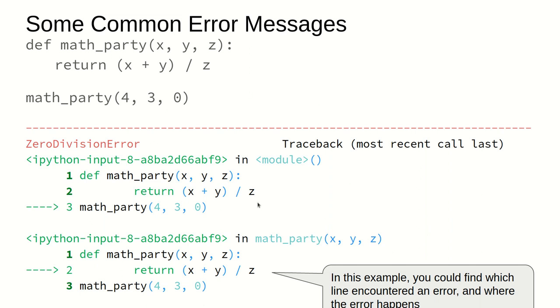Python may not always be able to tell me where to look further back and further back and further back. But it will do its best to show me, for example, the function call that happened that led to the error inside of that function.